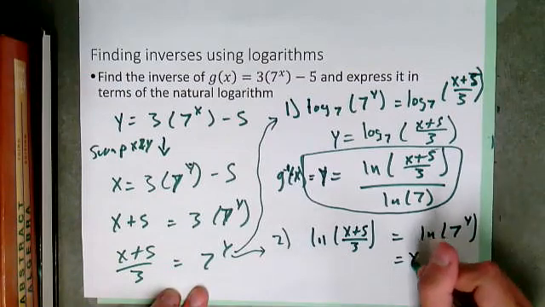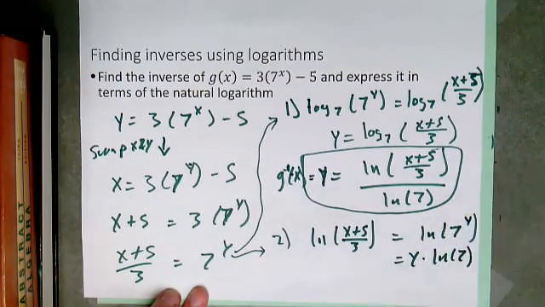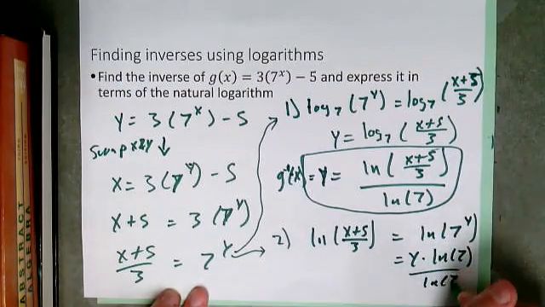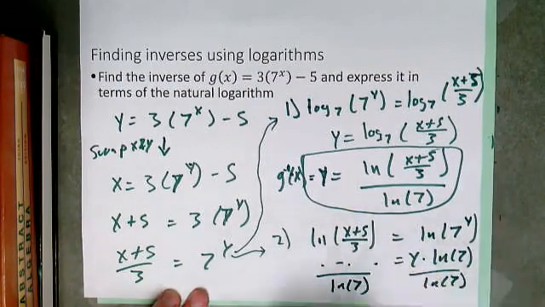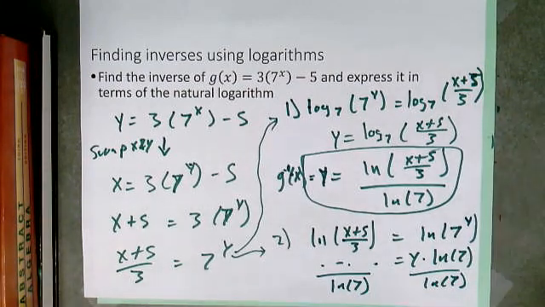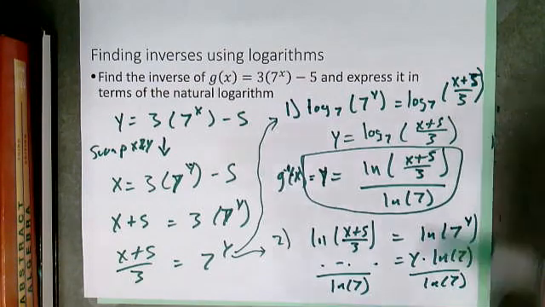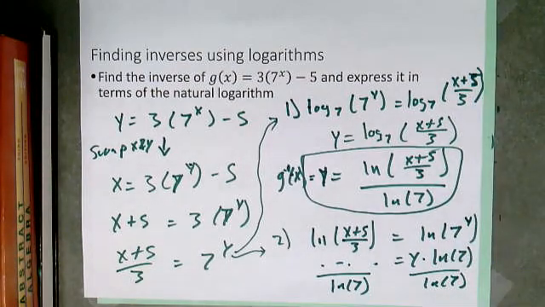And so you would have y times natural log of 7. And then you would divide by the natural log of 7, and you get to the same result. But since we have been talking about change of base, it's good to go through it as another example. Anyway, we found g inverse of x in terms of the natural log.